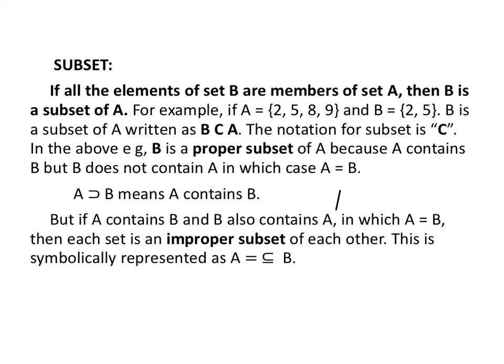For example, if A is equal to 2, 5, 8, 9, and B is equal to 2, 5, therefore B is a subset of A and is written as B ⊂ A. This symbol here should look like this, denoting subset.